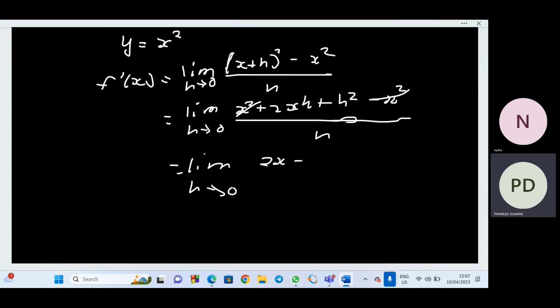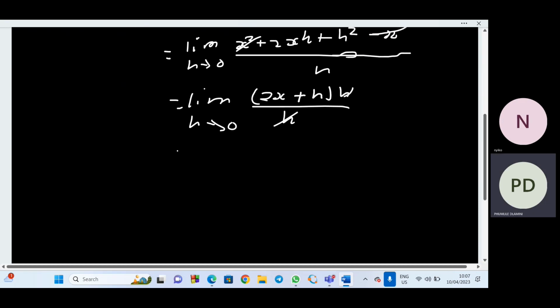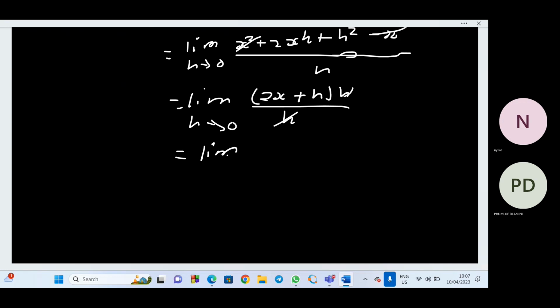We can just write h in brackets, 2x plus h, we factorize h, over h. Then this h will cancel with this one. Then we'll be left with the limit as h approaches 0 of 2x plus h.